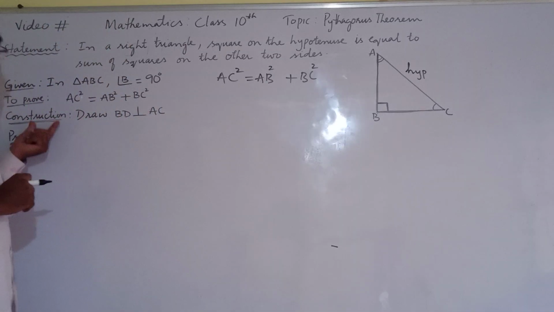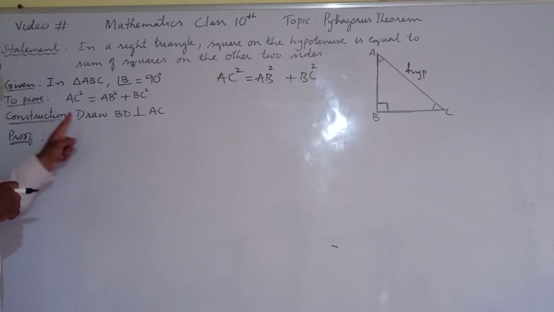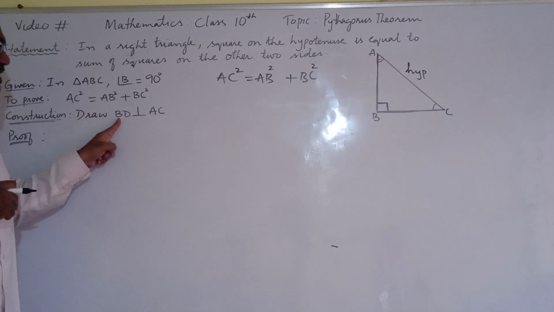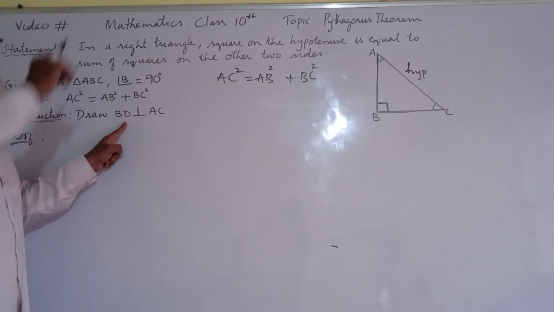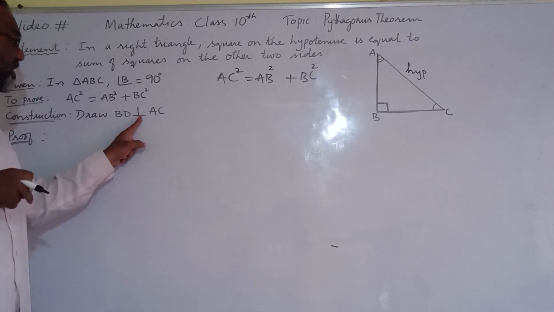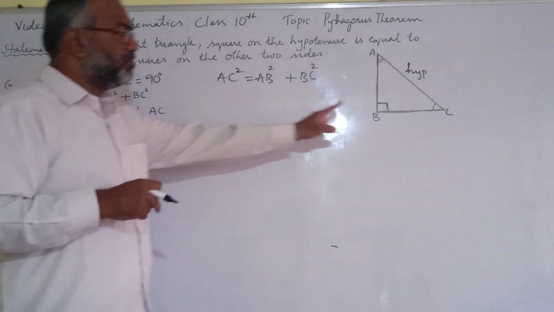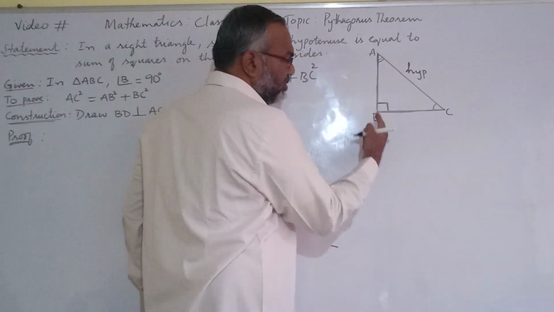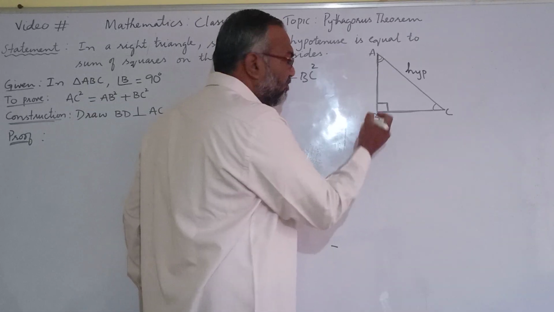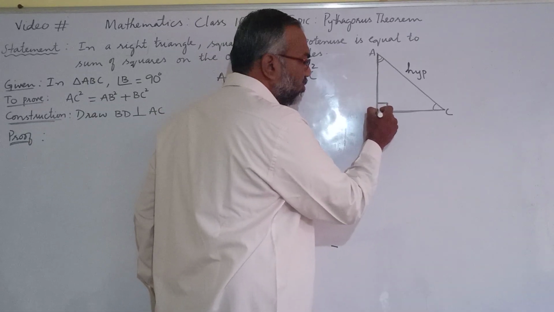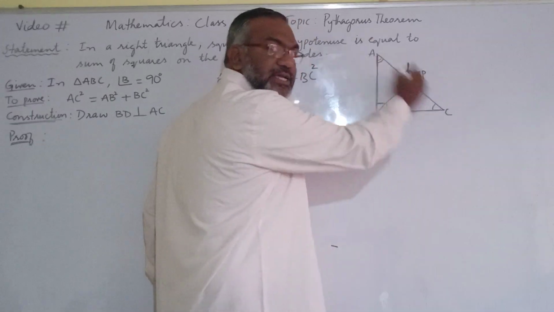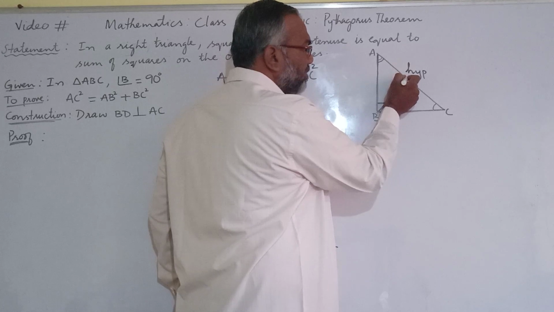Now, what construction do we have to do here? We have to draw BD, a line from B up to D, that will be perpendicular to AC. From B, this is point B, we have to draw a perpendicular on AC. A perpendicular makes 90 degrees.